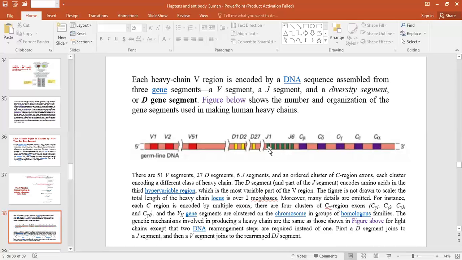First a D segment joins to a J segment, and then a V segment joins to the rearranged DJ segment. So we are getting 2 segments, one is the DJ and the next one is VDJ.